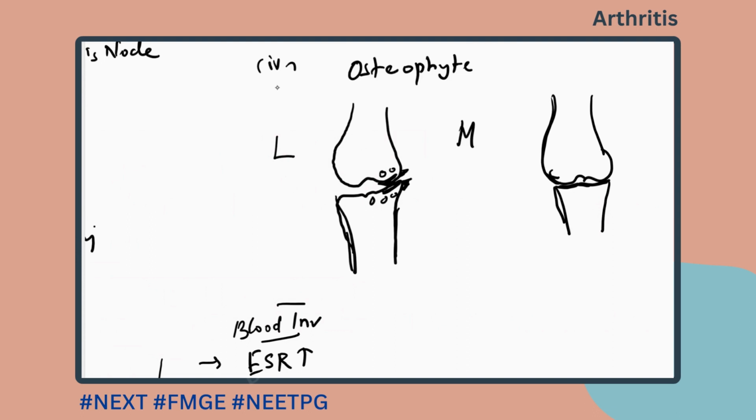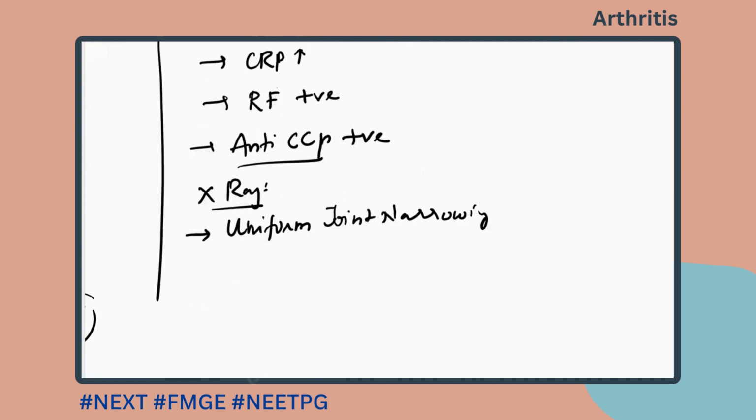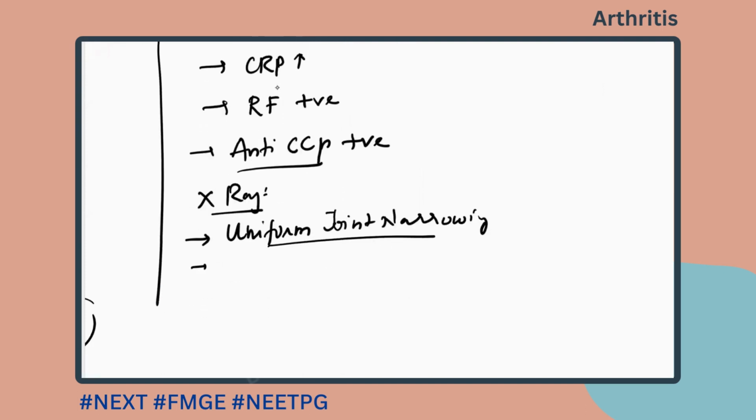And this is the joint affected by osteoarthritis. What is the difference between these two? Here the joint space is reduced on one side, but here joint space is equally reduced on both the sides. So in rheumatoid arthritis, there will be uniform joint space narrowing.